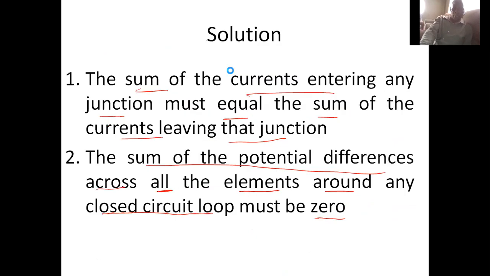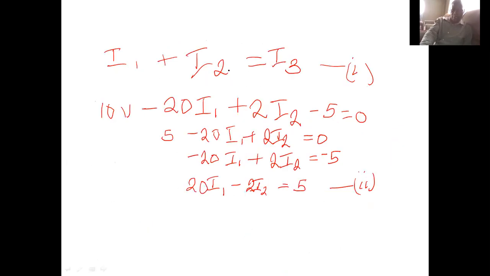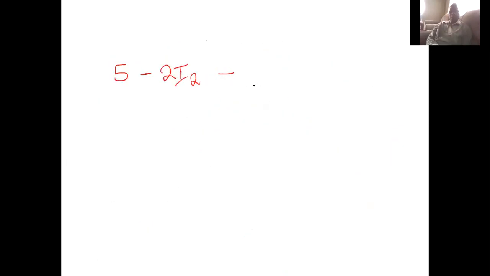So we are going to have 5 volts, which is positive, minus 2 times current 2, minus, this is 15 ohms times current 3. 15 ohms, which is negative, times current 3, which should give us 0.